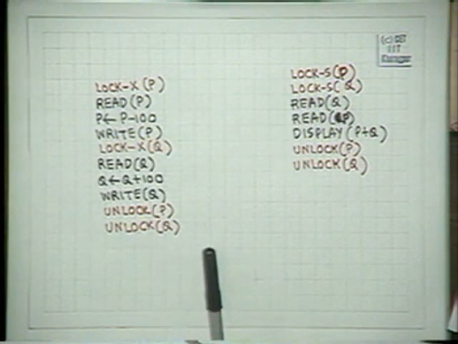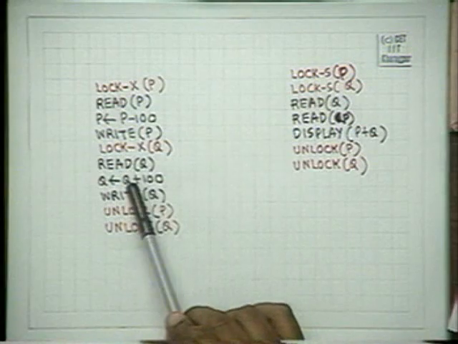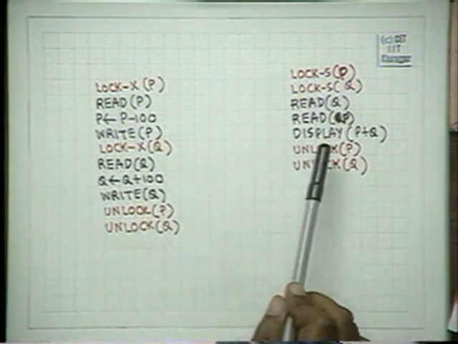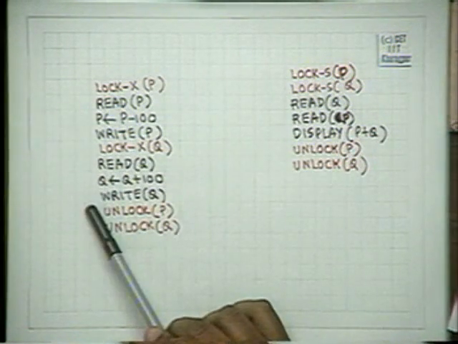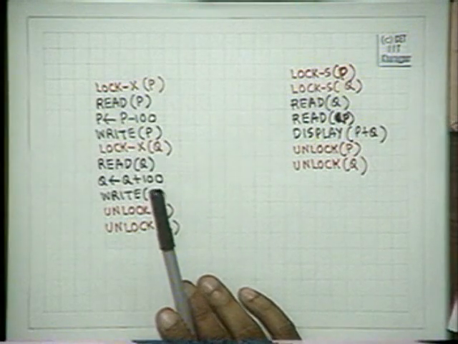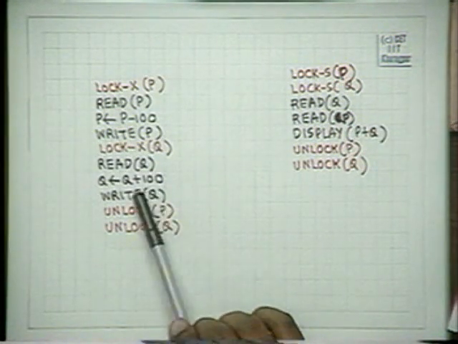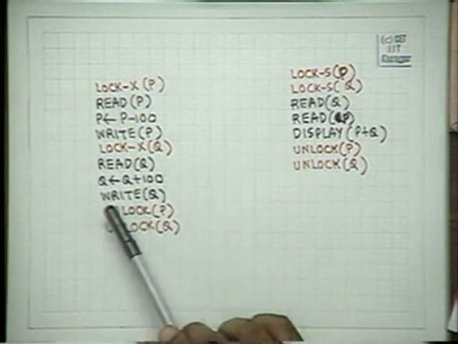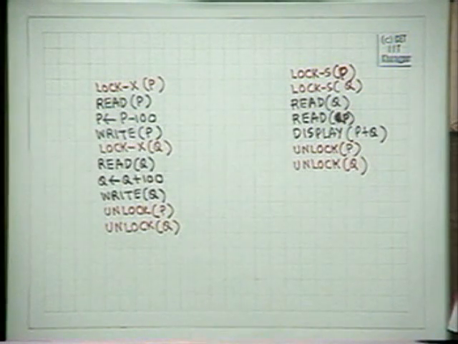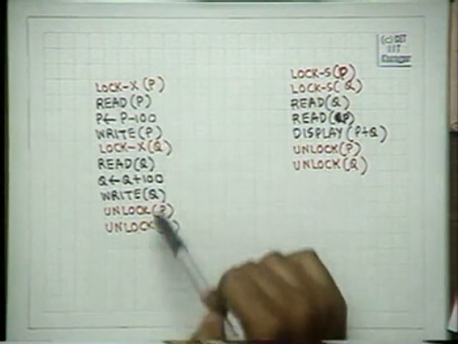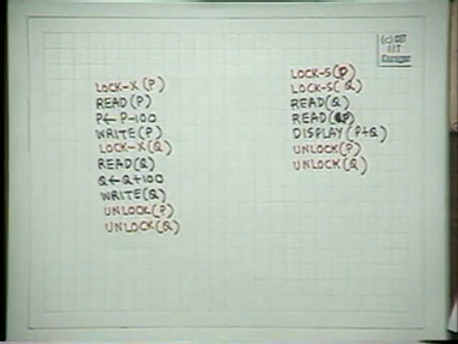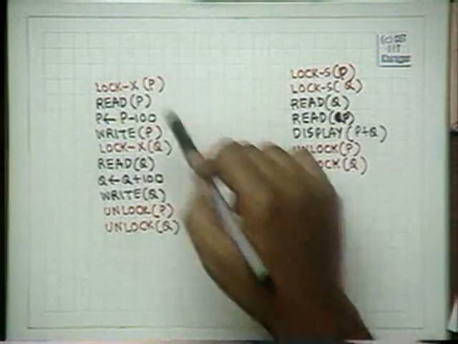So we have made sure that these two transactions are such that they will occur only serially. We have made sure that they will run only sequentially. The mechanism of locking has been such that they will never be able to run concurrently in actual overlap mode. If this starts, then this will wait till this finishes.